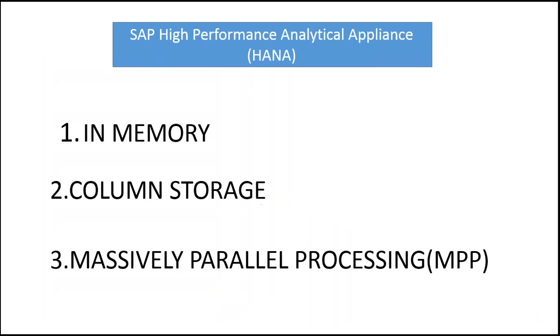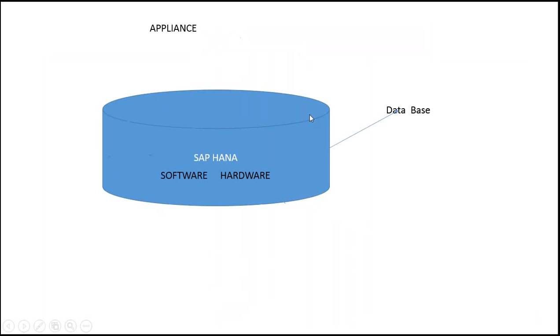Next. What is appliance? Appliance means it is a combination of software and hardware. It is not a database, HANA. It is hardware also. It is a platform. So SAP HANA is a combination of software and hardware.